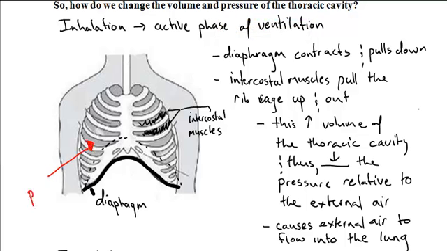So the problem with a pneumothorax, equals punctures the cavity, is that your lungs will no longer inflate or deflate when you puncture the cavity, because the air pressure is equalized straight across through that hole, as opposed to the only way of equalizing it being forced down through your trachea and into your lungs.